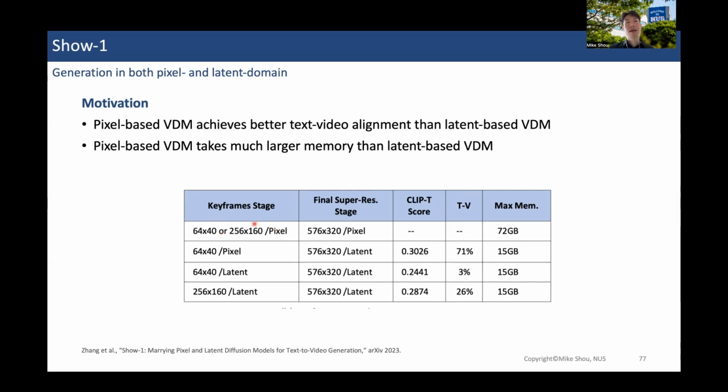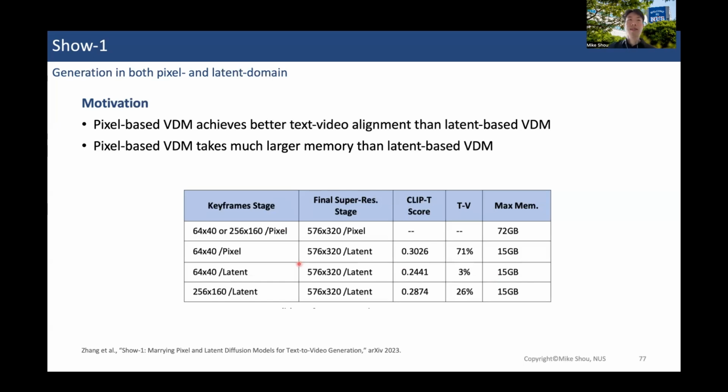In the keyframe stage, if for generation we use a pixel model, and for the super resolution module we also use a pixel model, then the maximum memory you would need is around, for example, 70 gigabytes. But when we switch to latent, the memory is just 15 gigabytes or so.